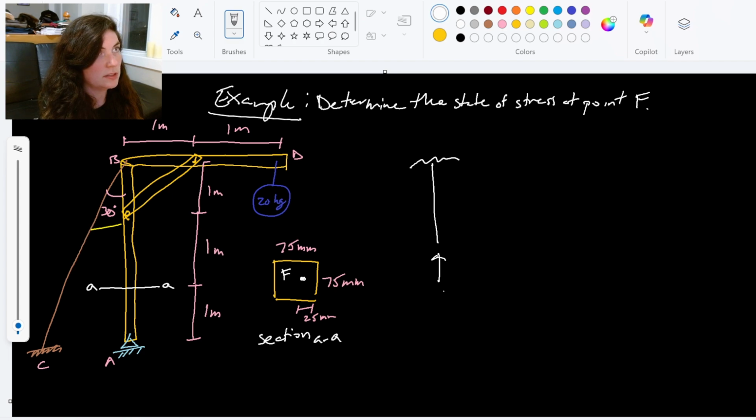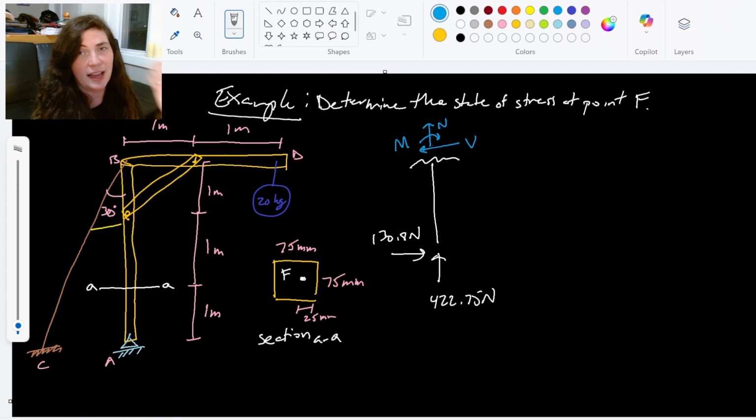AY we said was 422.75 newtons. AX we said was 130.8 newtons. And now at that cut, I can go find everything else, right? My normal force, my shear force, and the moment, M.